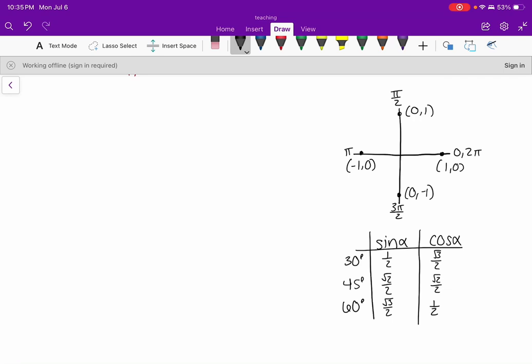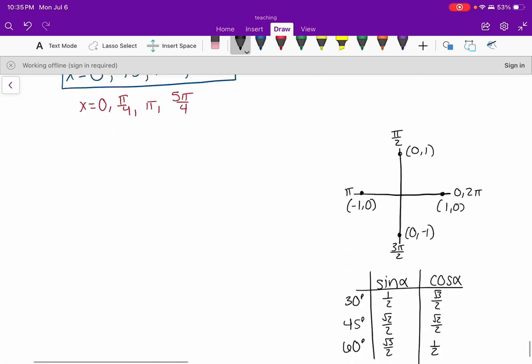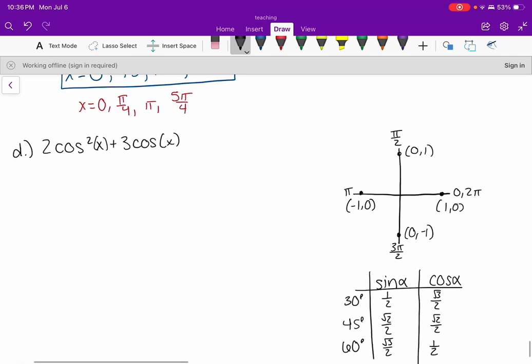Let's do a factoring a trinomial example. So the first one that I'm going to do is, what part is this? Part D. I'm going to do 2 cosine squared x plus 3 cosine x plus 1 equals 0.